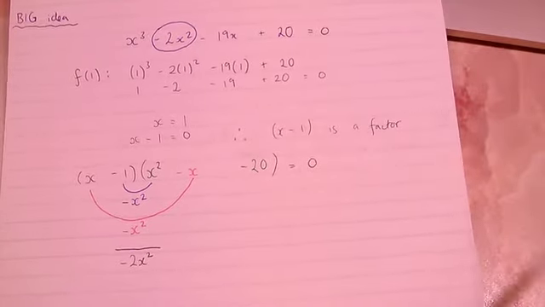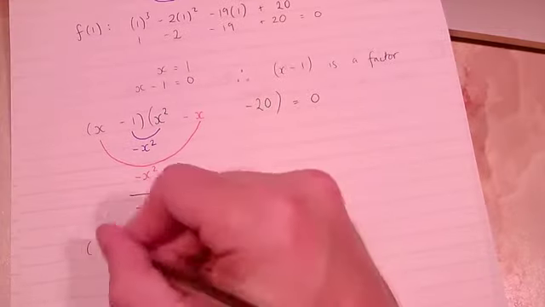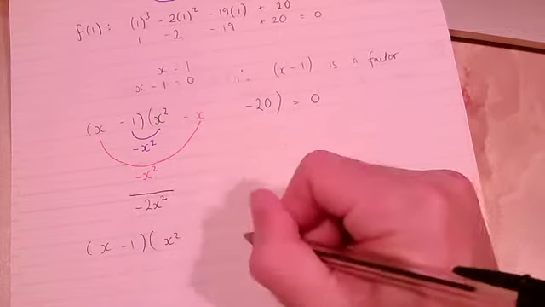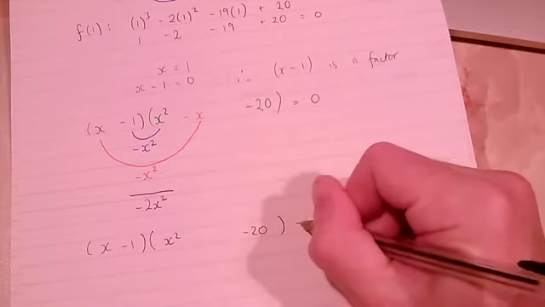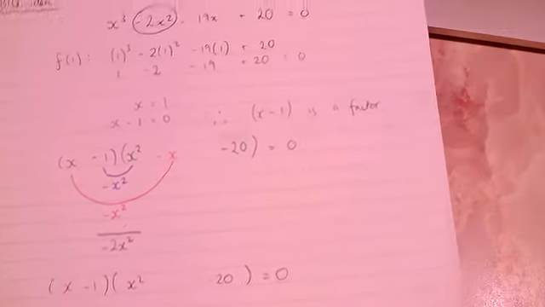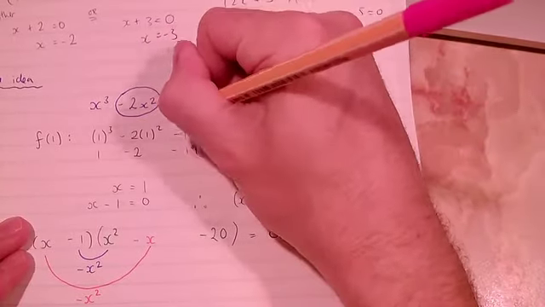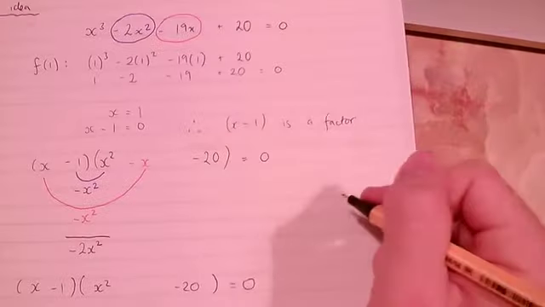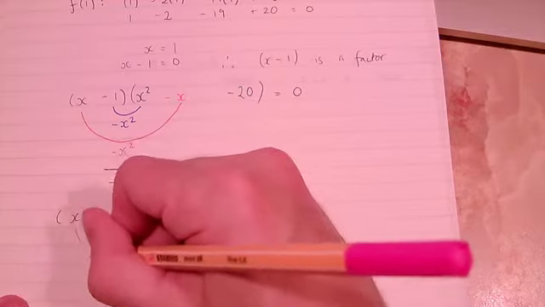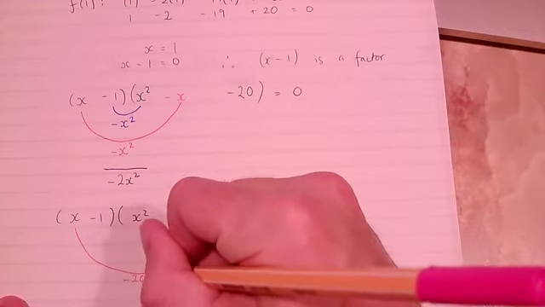Now just to show that it could have been done the other way as well, let's say x minus 1, and then I'm going to write again the x squared and the minus 20 here, and that was from the same logic as before. If I wanted to make minus 19x here, how can I make x looking at these terms? Well, I can do those two times each other to get minus 20x.